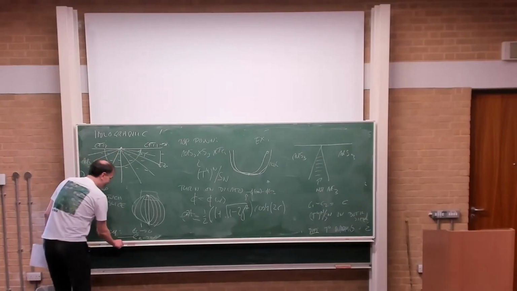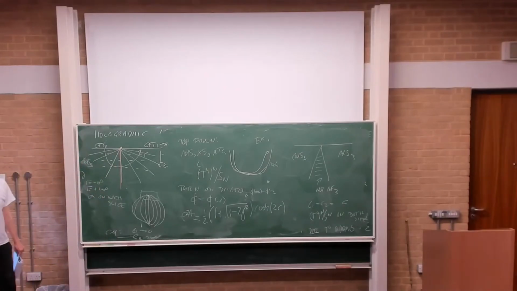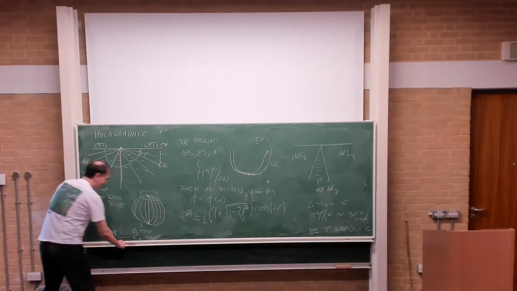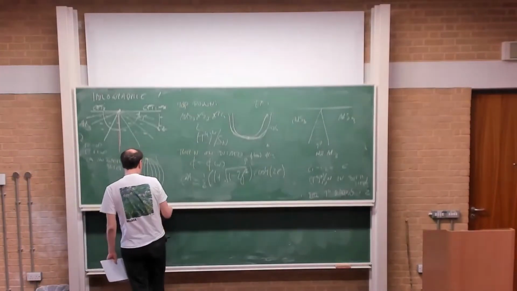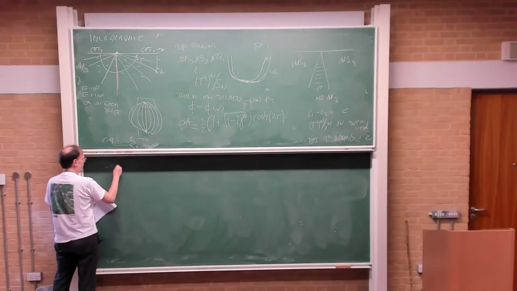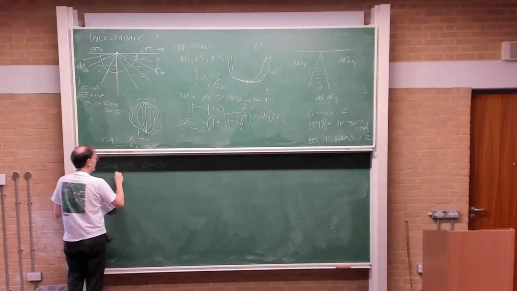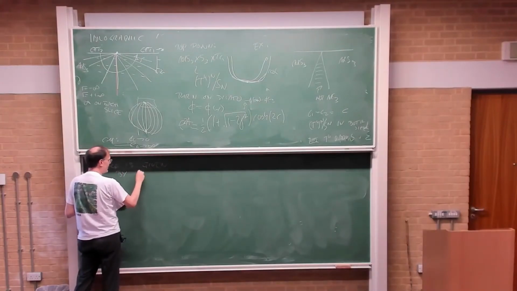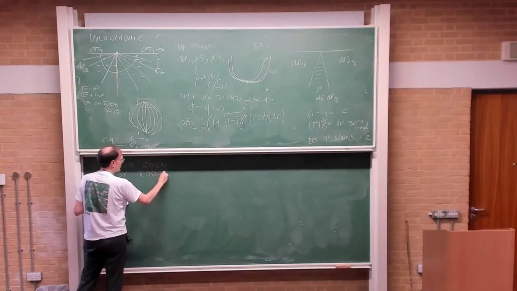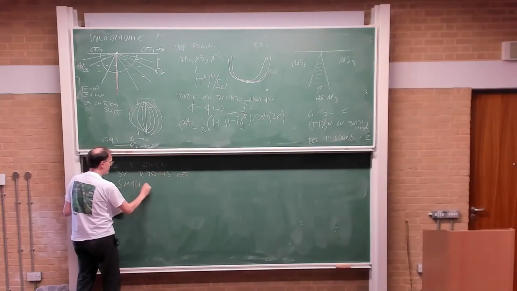It's the vertical line down. So that's the RT surface that defines c effective for me. Basically, what you read off from this is that c effective is given by the radius of the smallest AdS2 slice.